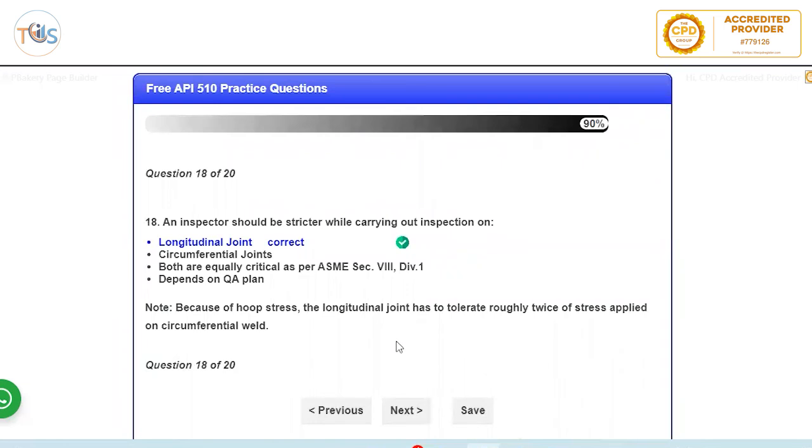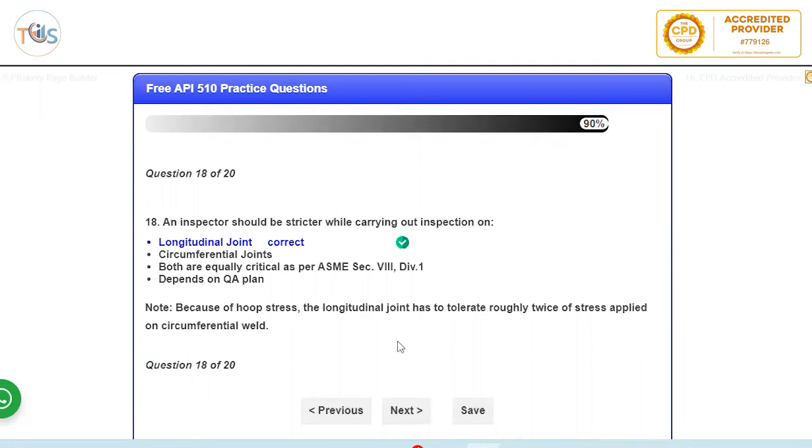An inspector should be stricter while carrying out inspection on longitudinal joint. So always you can see that longitudinal joint is the deciding parameter when calculating the inspection interval, the joint strength and the design calculations, because you've got the hoop stress.